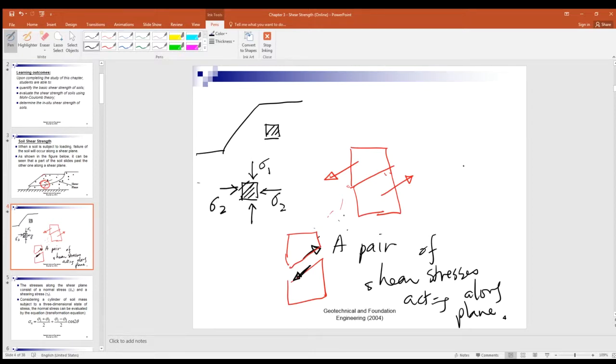Now, if the slope fails, what will happen? So this element, you have the sigma 1 and you have the sigma 2. Now, what happens here? According to the Mohr circle, there's the sigma n, that is the normal stress.